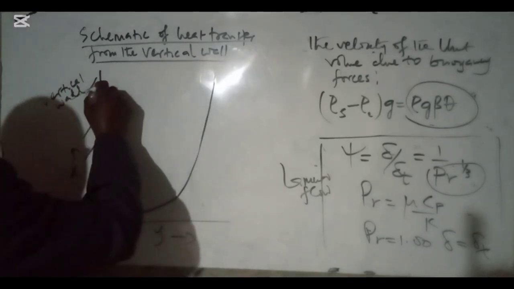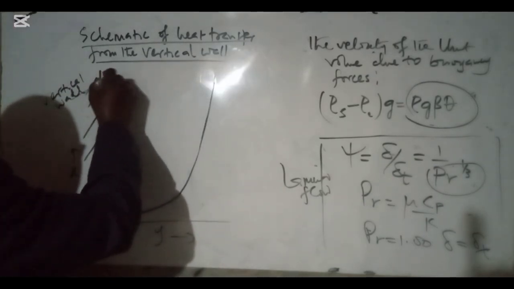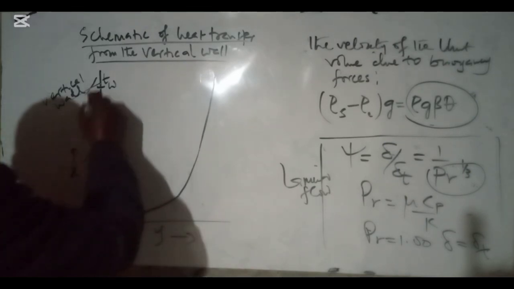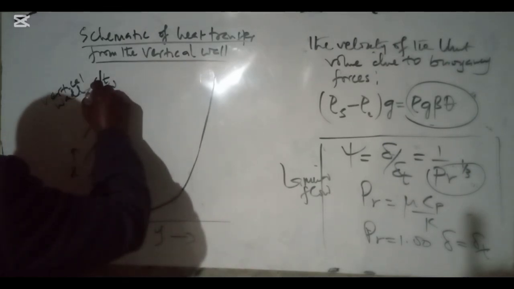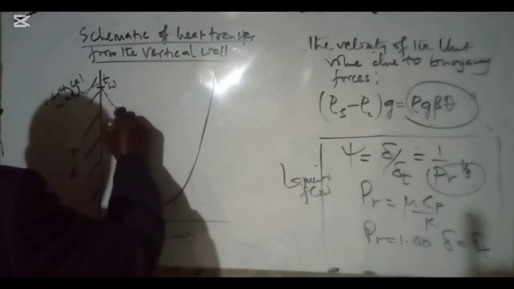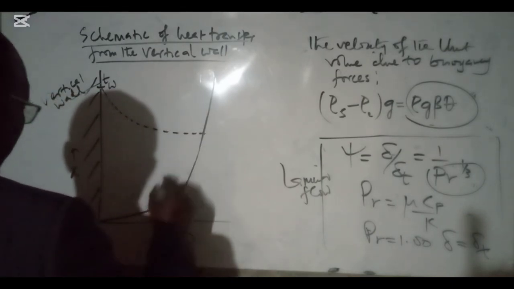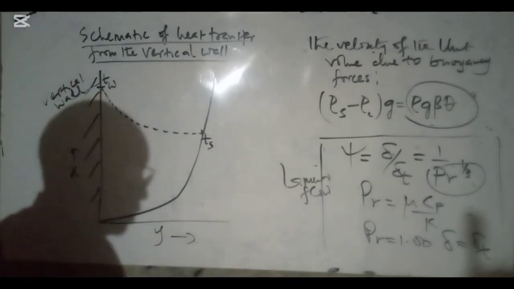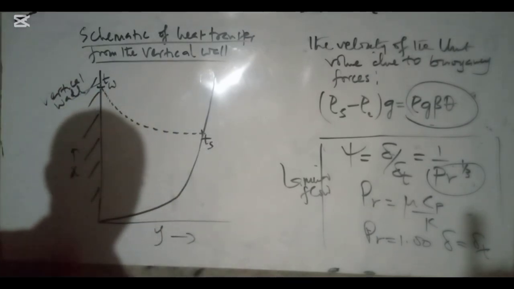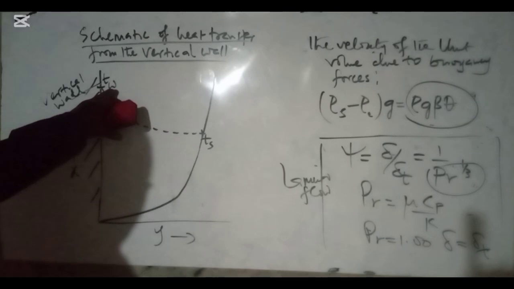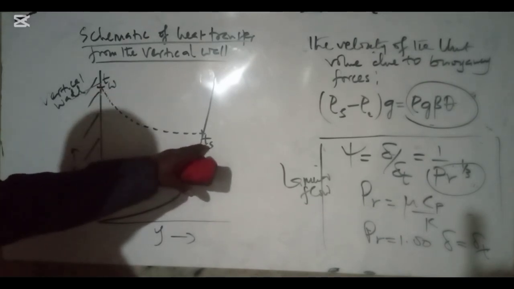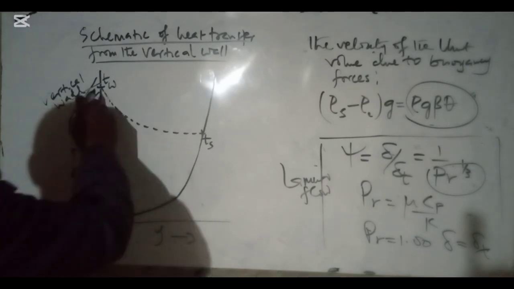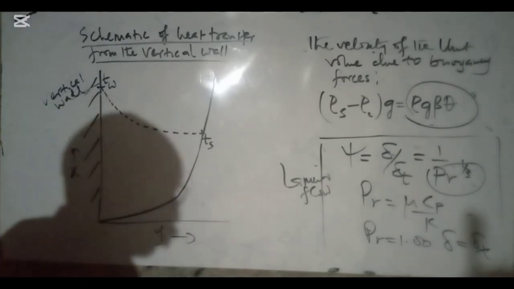If the temperature at the wall, let's call that temperature at the wall TW, the temperature will decrease until it is Ts at that particular point. So the temperature TW will decrease to Ts. That's the temperature at the wall, that's the temperature in the solution.